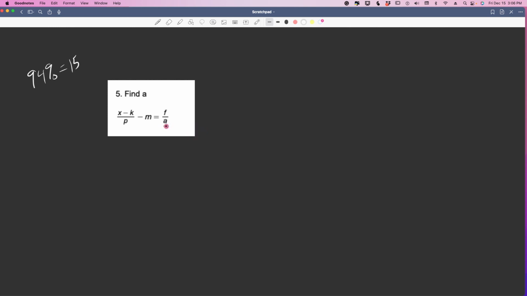So we're just going to multiply both sides by both denominators, right? To get rid of the denominator, because it's an equation, we can do that. So AP times X minus K over P minus AP times M equals AP times F over A, right?